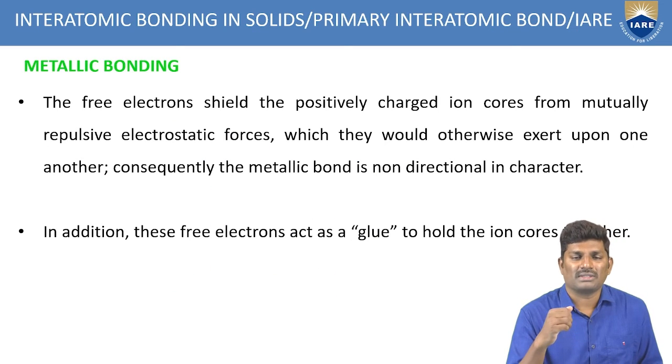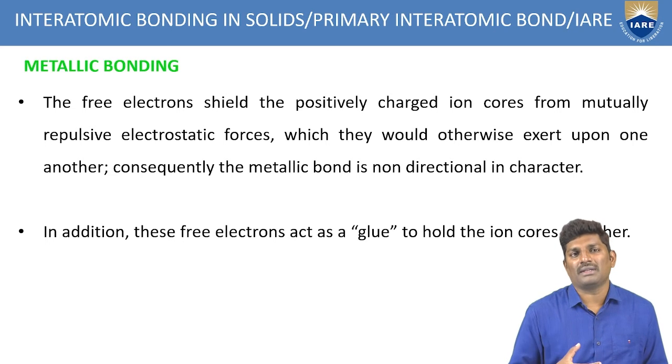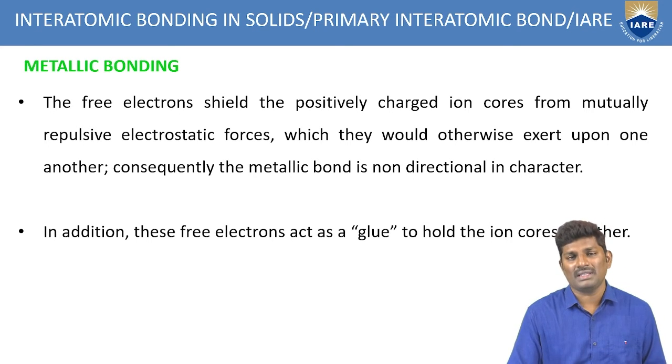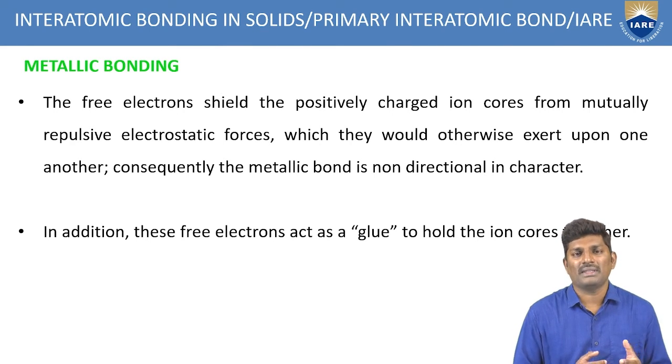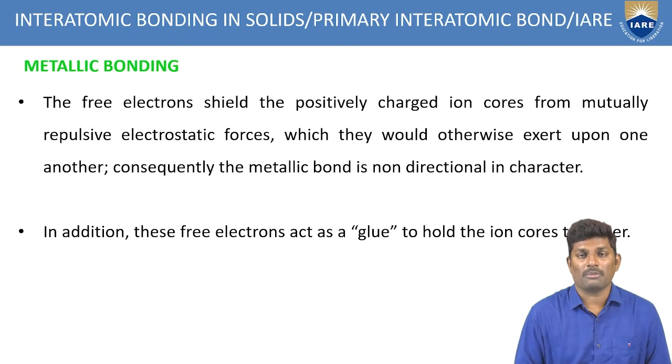Now, what are the free electrons? These free electrons shield the positively charged ion cores from their mutual repulsive force. Since these free electrons are negative and the ion cores are positive, there is a force of attraction, and you are forming a good type of bonding.